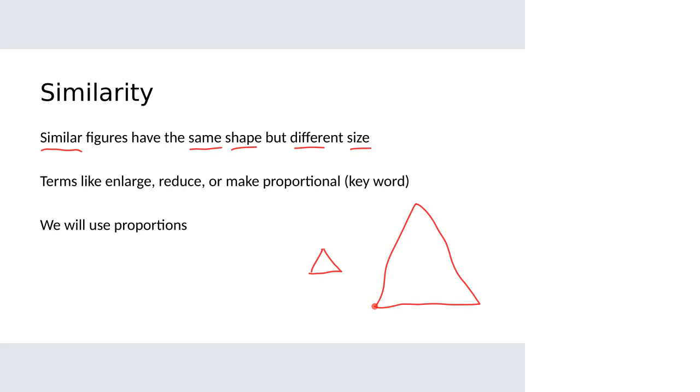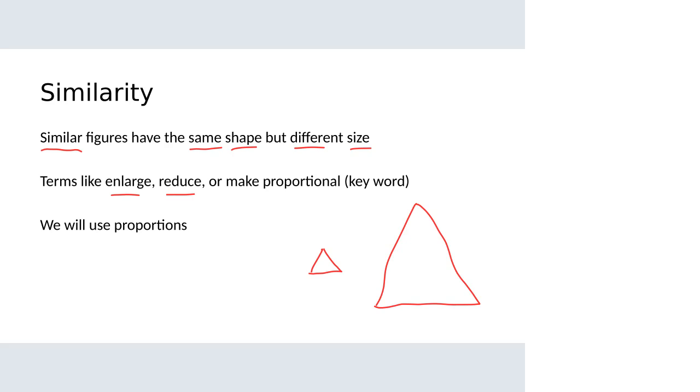Good words for similarity involve enlarge or reduce, like if you're using a copy machine to make something that's 50% of the original or 121% of the original. So enlarge and reduce are words that go with similarity and similar figures.